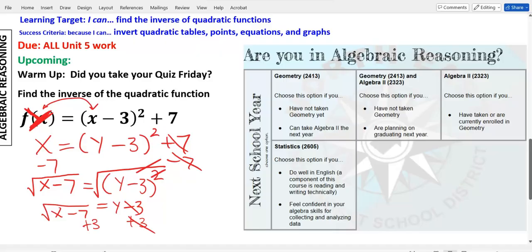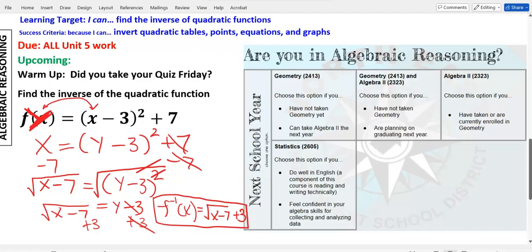But you need to remember how to write the solution. Step 4, you write it with an f inverse x equals, and I want you to notice, the x minus 7 is under the square root. The +3 goes after it. Okay, I kind of had to squeeze it in there.